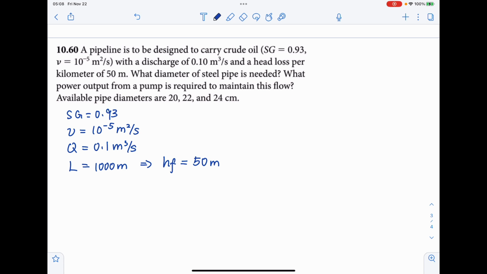For this kind of problem, we need to assume a friction factor first. Then we calculate the Reynolds number and find the friction factor again, and gradually make the friction factor closer to the real answer and determine the diameter of the pipe.